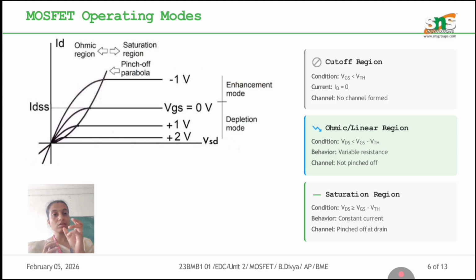When no supply voltage is given, a very minimum amount of current forms in the cutoff region.